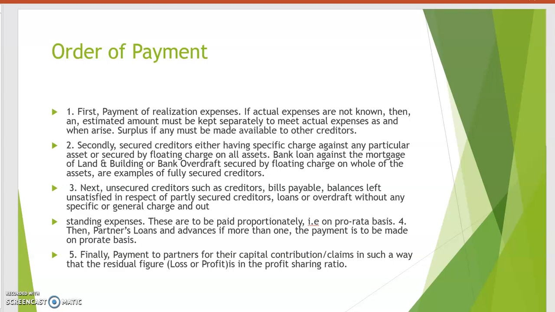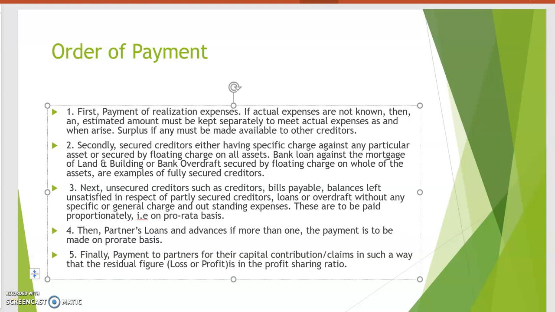Next payment is to unsecured creditors, such as creditors, bills payable, the balance left unsatisfied in respect of partly secured creditors, and loans or overdrafts without any specific or general charges, and outstanding expenses.